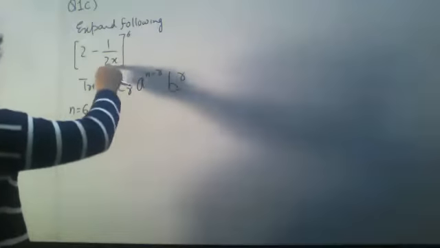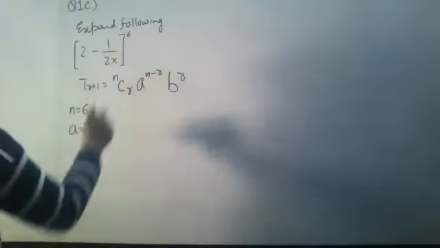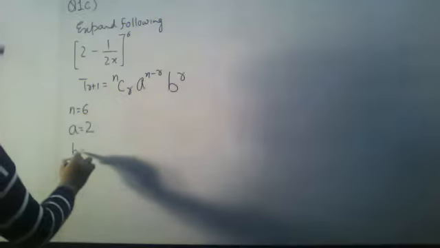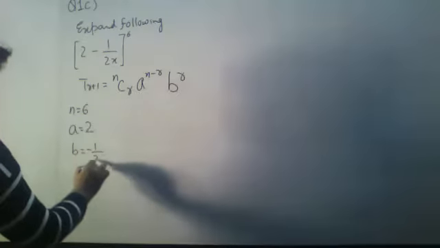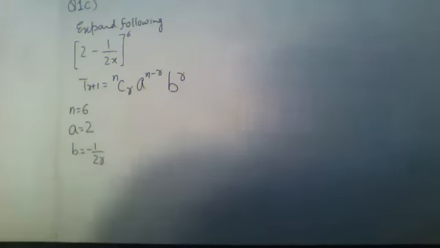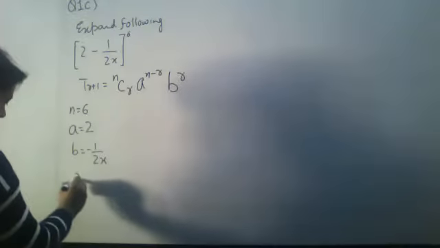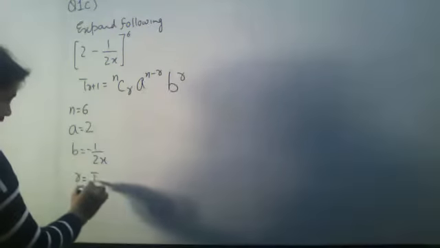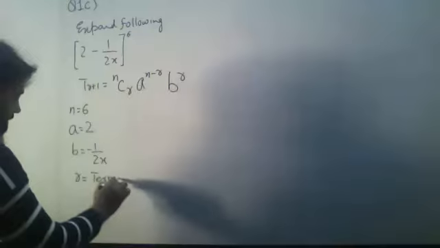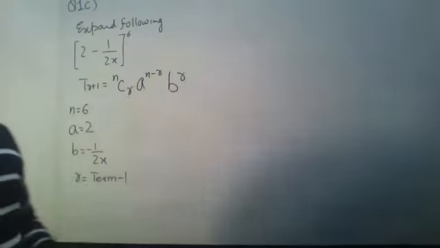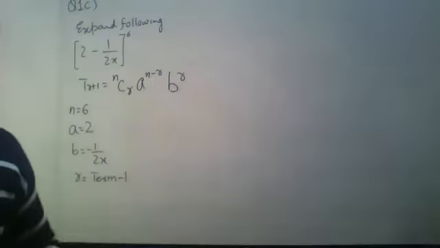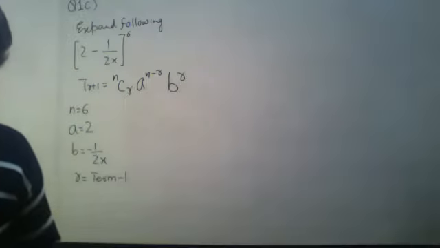What is b? This whole thing: b is minus 1 over 2x. Sorry, not 2r, it's 2x. And what is r over here? r is term number minus 1. So r is not fixed; it changes with each term.